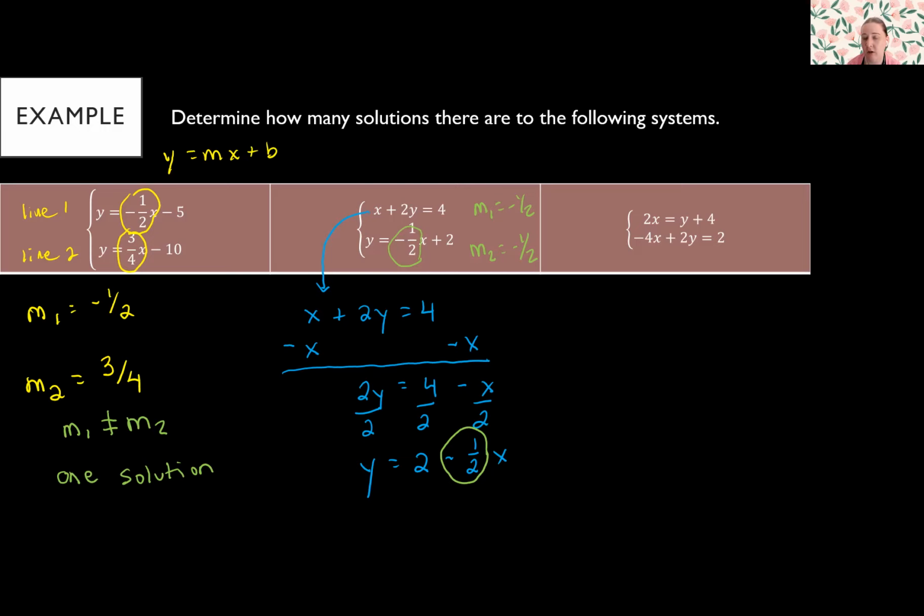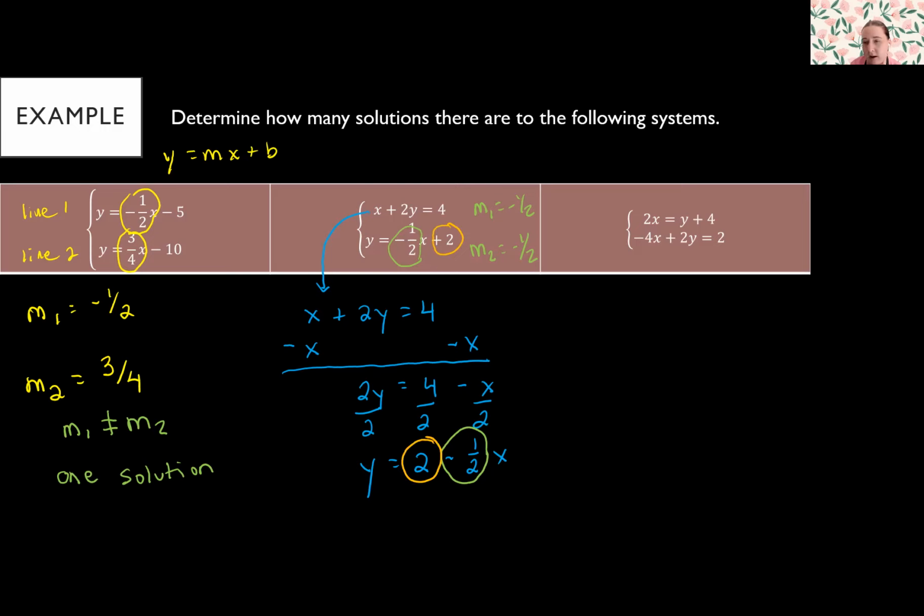You only need to read it off of the equation, because the equation is in slope-intercept form, so it's giving us the slope. It's also giving us the y-intercept. The slope is m. The y-intercept is b, the number that's added on. So we have a y-intercept of 2 in the second equation. We also have a y-intercept of 2 in the first equation.